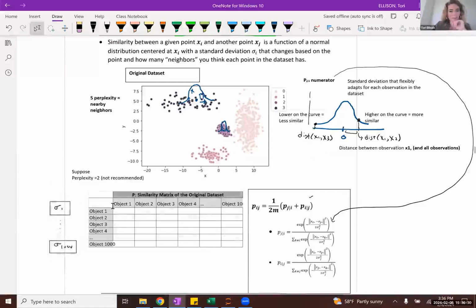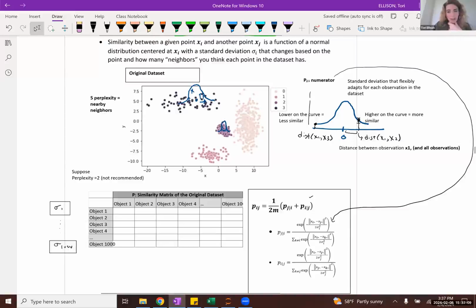Because if we wanted to come up with the similarity values between, let's just say, observation 1 and all the other observations in the data set, what we do is first create a function of a Gaussian curve with a specially designed standard deviation value for that particular observation, in which the distance that each of those other observations are from the observation we're considering, so x1, is plotted on the x-axis.